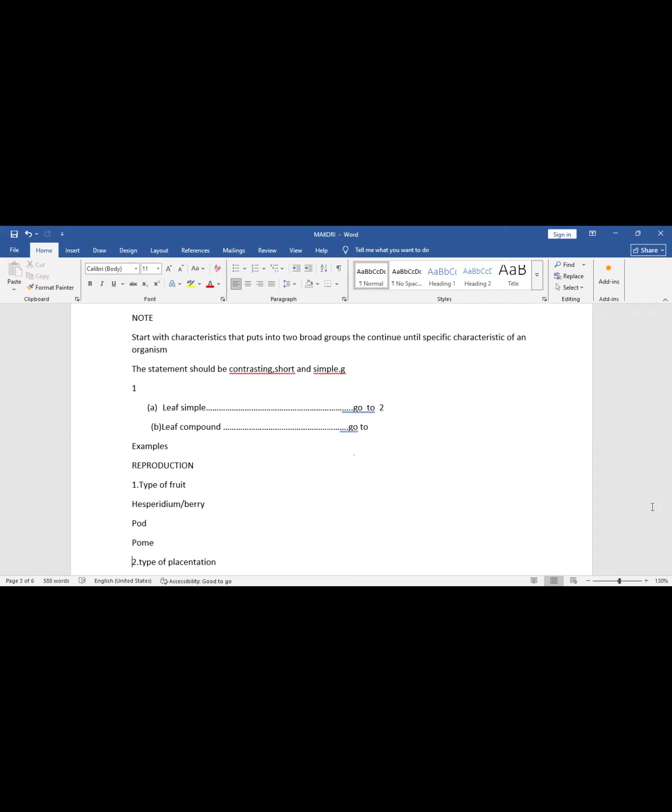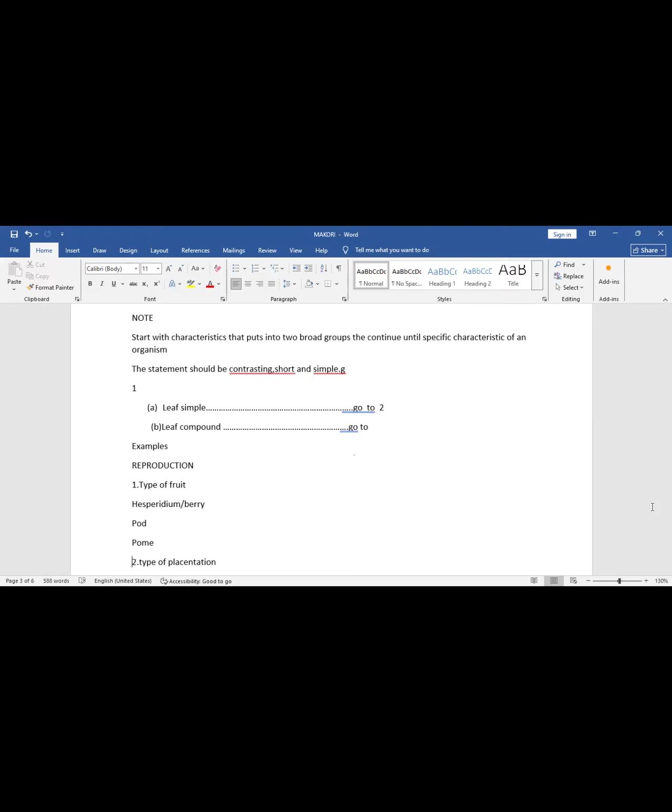Then continue until you are able to be specific for a given organism. Then the statements that we normally use in the construction of the dichotomous key are supposed to be contrasting.